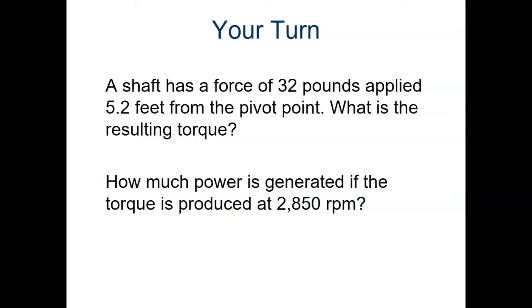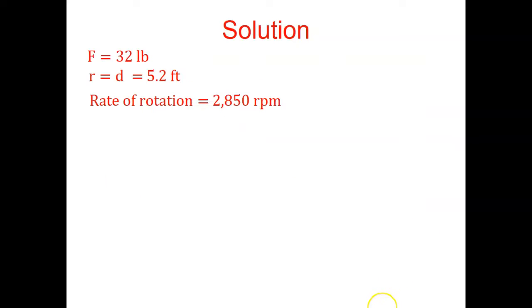What is the resulting torque? All you're going to do is multiply 32 times 5.2, because it's distance times force, and that's going to give you some value. Then you're going to use that value in the second part of the question, which is how much power, and they're talking about horsepower here, is generated if the torque is produced at 2,850 RPMs.